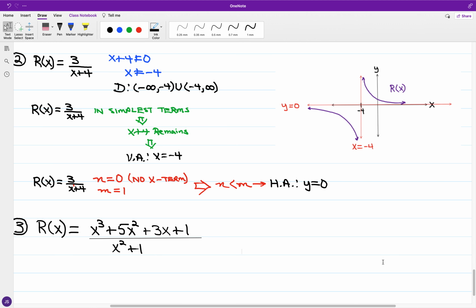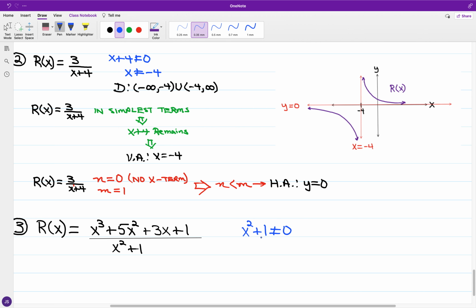Now, again, looking for the domain. We have a rational function, and we cannot have a zero-valued denominator. So in this case, x squared plus 1 cannot be 0. Now in the real number system, I can take a difference of squares and factor into integer coefficients, but I cannot in the case of the sum of squares, x squared plus 1 being a case.